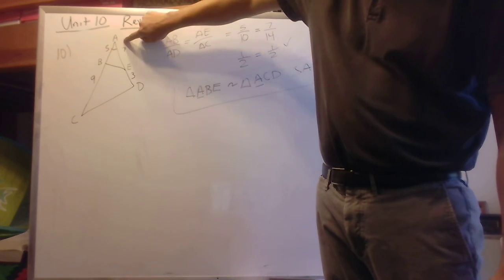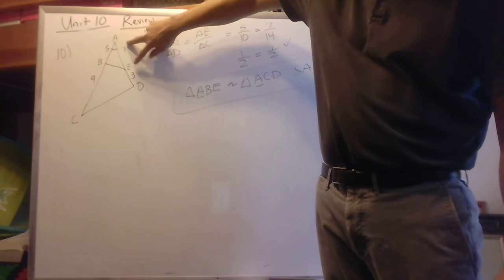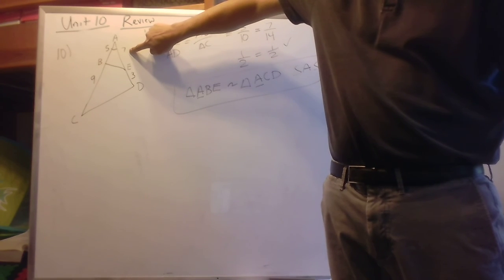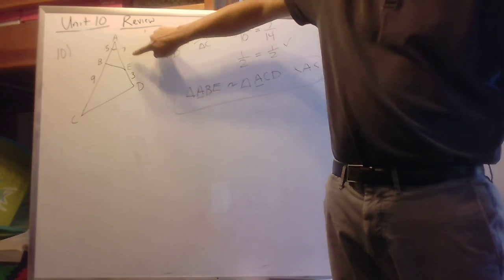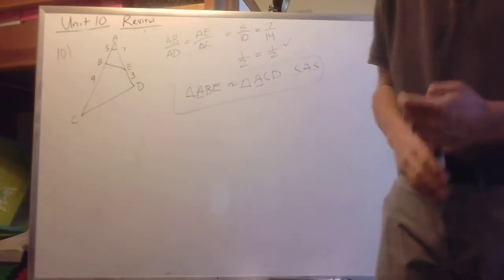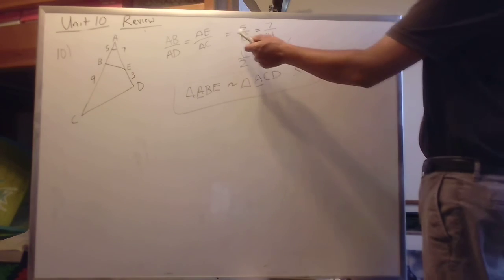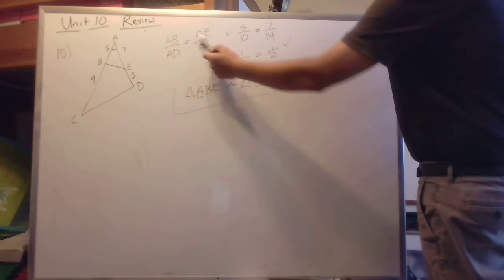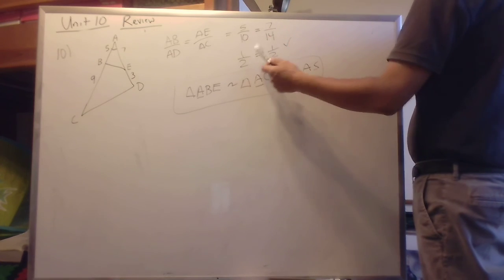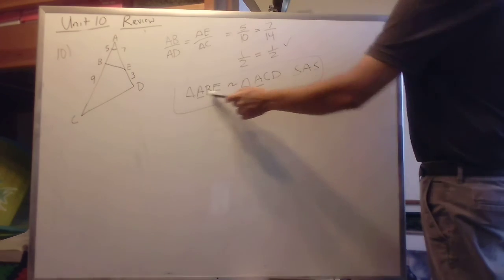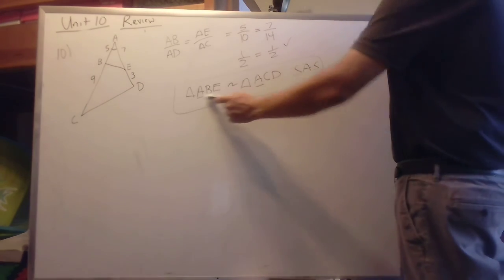So we want to get the shorter side of the larger triangle, which is AD, equals AE, which is the longer side of triangle ABE, and we're going to do it over AC because this is the longer side of the larger triangle. And then we set up a proportion, 5 over 10, just plugging in these values, is 7 over 14. 1/2 equals 1/2. That means that they are similar. So that's why I wrote the triangle similarity statement.